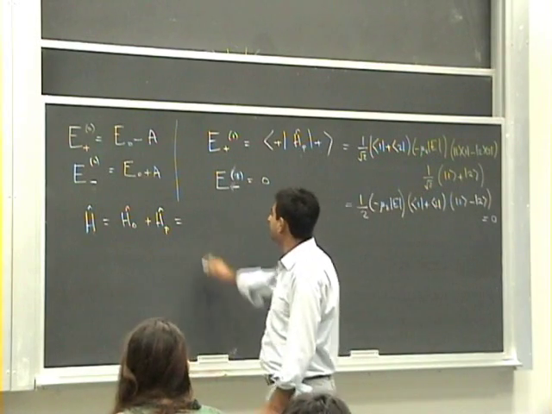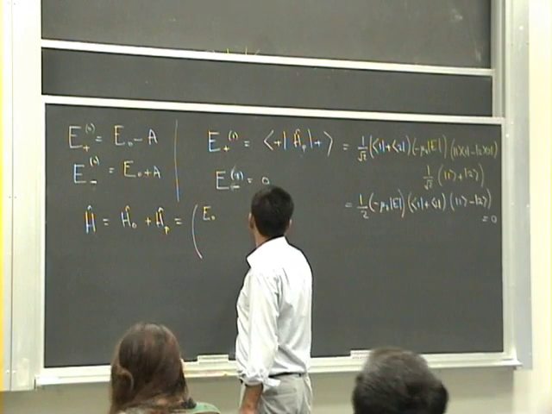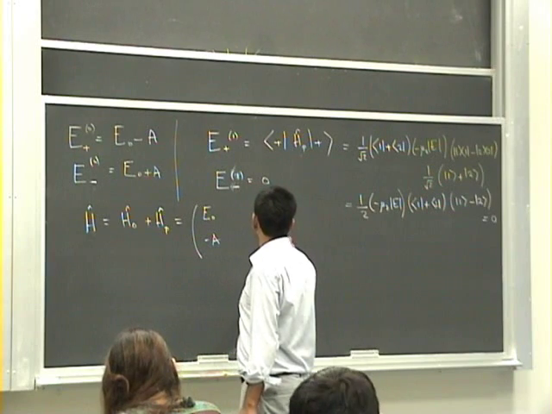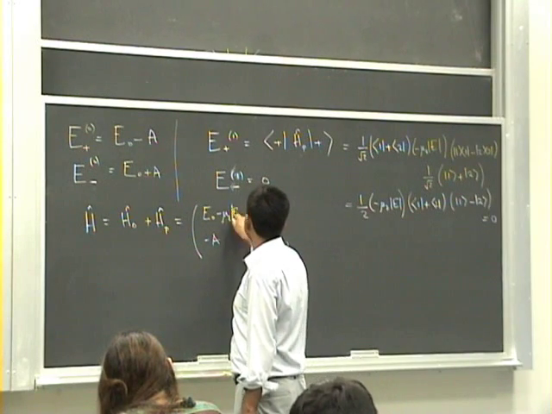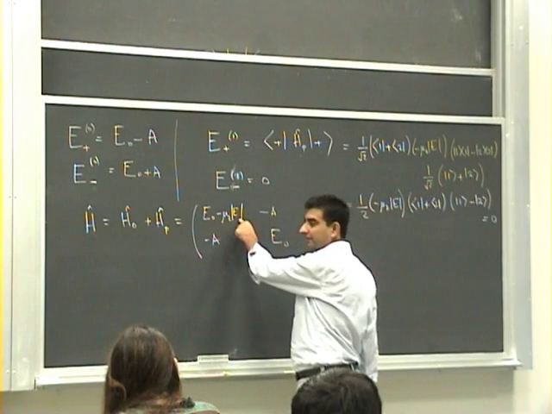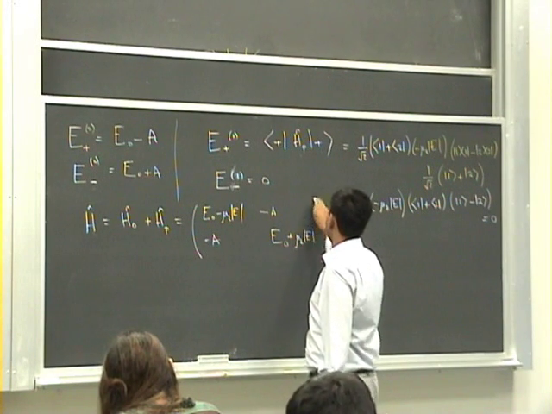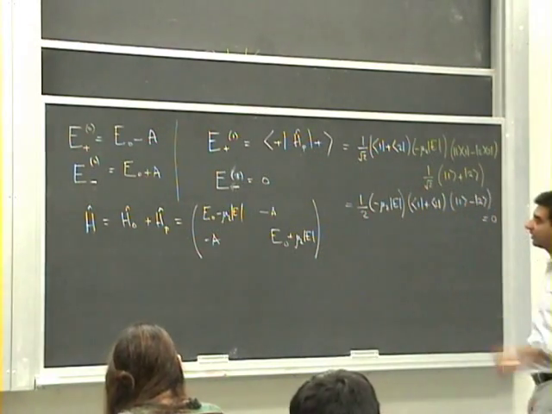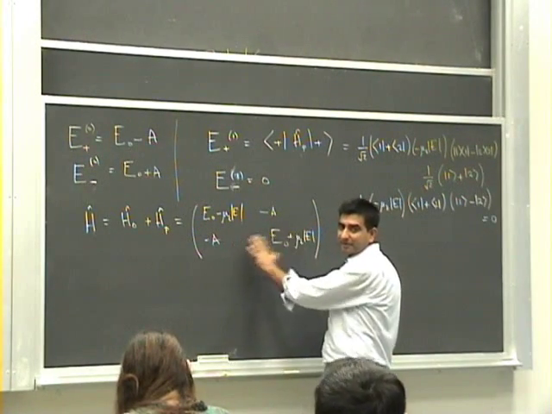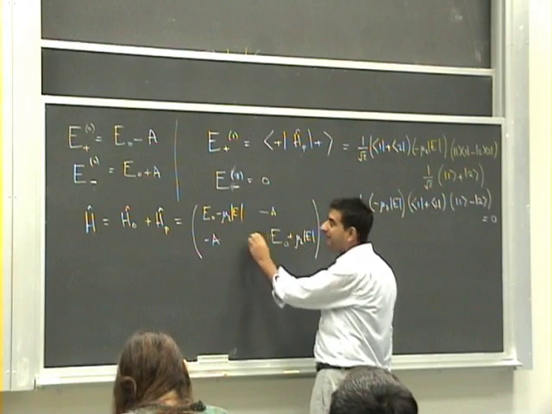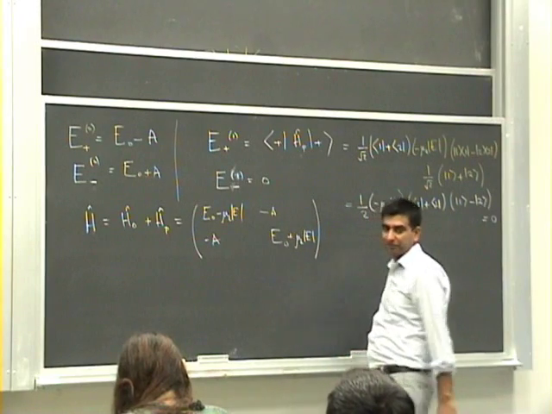The total Hamiltonian has E naught minus A, E naught plus A on the diagonal, plus the perturbation part, minus mu z E and plus mu z E. What I would like to do is find the eigenenergies. Now this is exact, there is no approximation. I would like to find the eigenenergies in the presence of the electric field. I can just diagonalize this matrix. Let's find the exact eigenenergies.